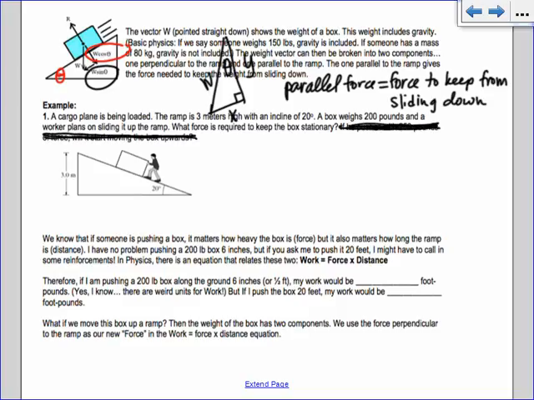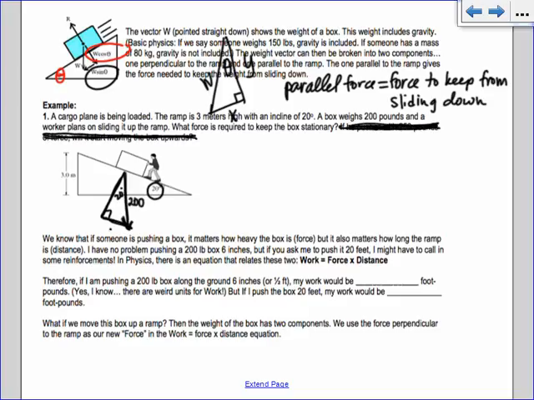If we're finding that, we always draw our little force straight down. We have a force parallel, so it ends up being this way, and then perpendicular. Whatever angle we had here, we write right here, so we have 20. We have the weight of the box, which is 200 pounds. That's the force that goes straight down.